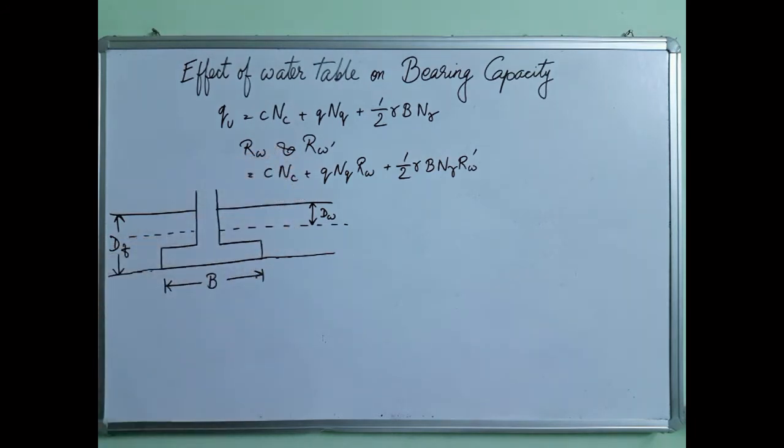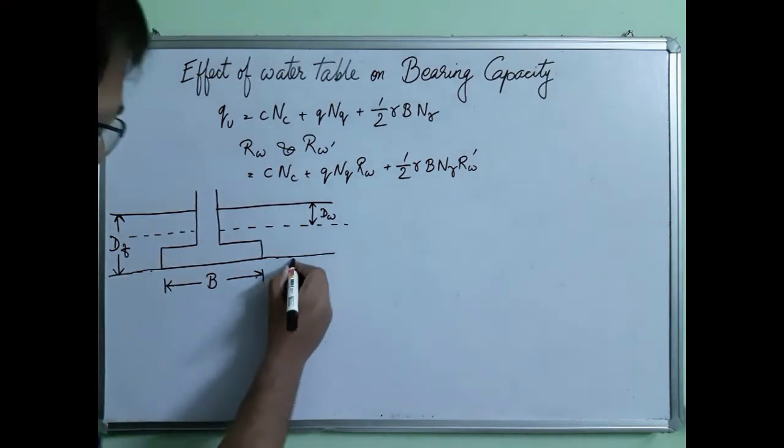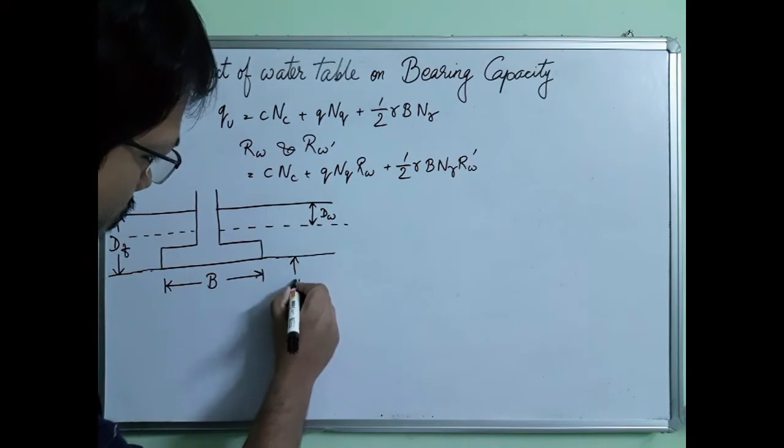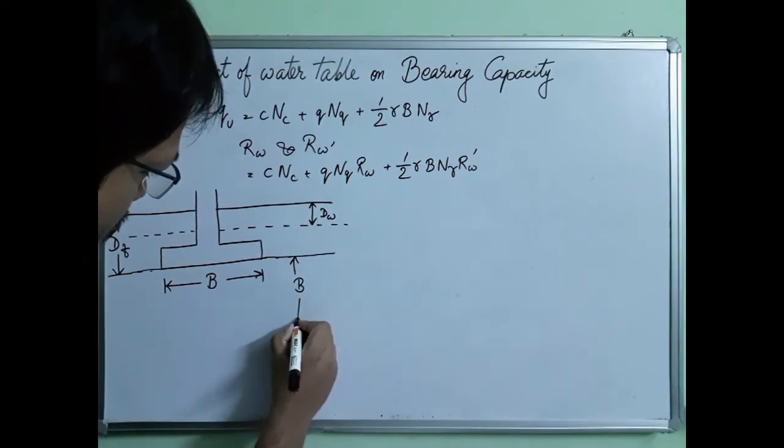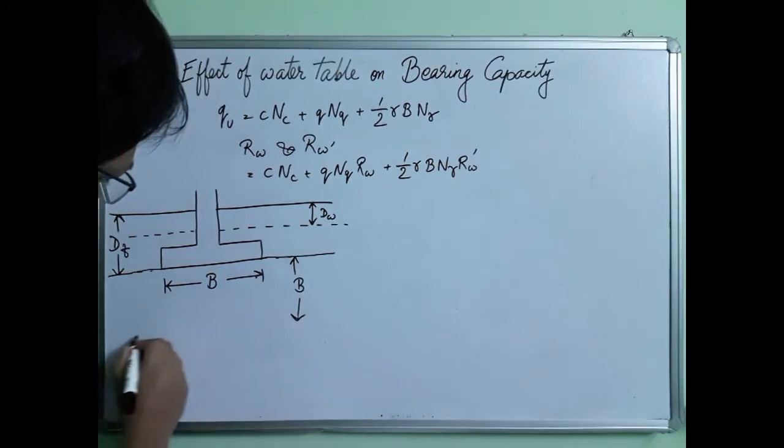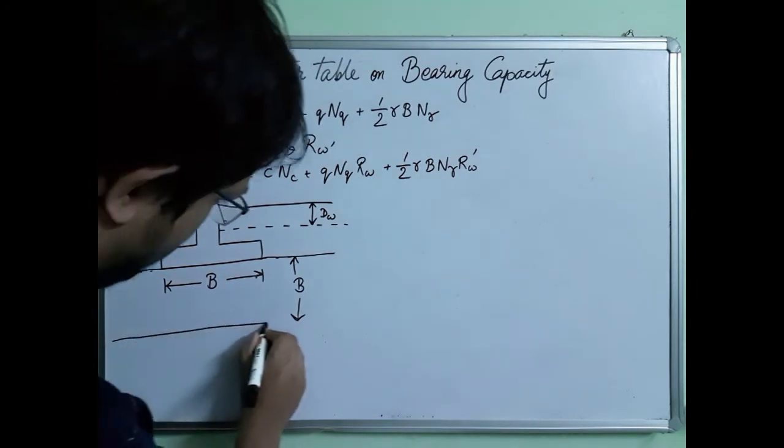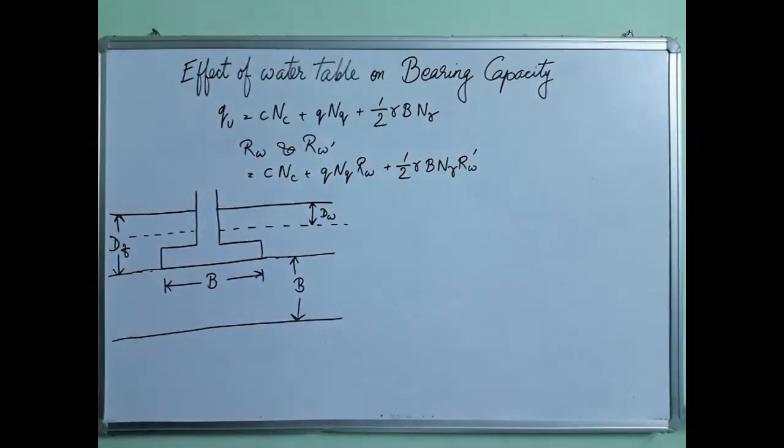Now again let us consider a depth equal to the width of the footing. Okay, the depth we have considered from the base of the footing is equal to the width of the footing.